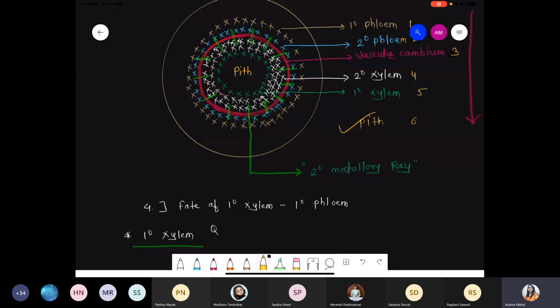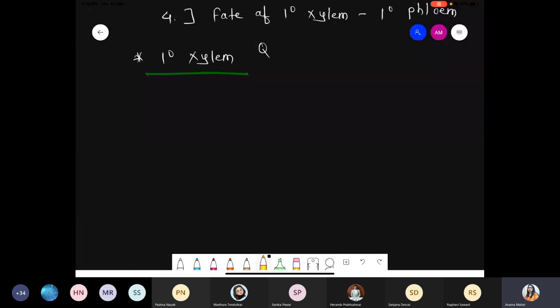Those are living, delicate, parenchymatous tissue. So that's why finally the pith starts crushing. So just take this step by step, what is happening. First of all, we are talking about what is exactly the fate with respect to primary tissue. Primary tissue is basically quite strong tissue, because in primary xylem, out of 4 cell types, 3 are dead.